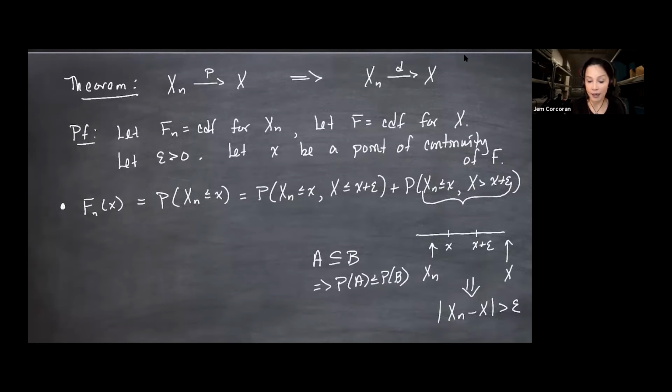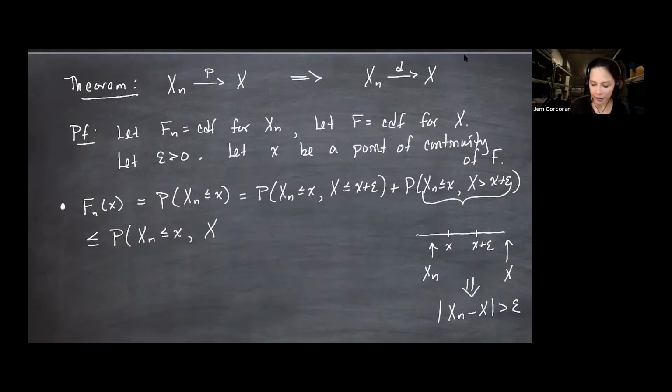Then A is contained in B, and my point is that we get a higher probability if we rewrite it with the absolute value thing. So first term is just going to stay here. And then this is going to become probability Xn minus X is greater than epsilon. Any questions?